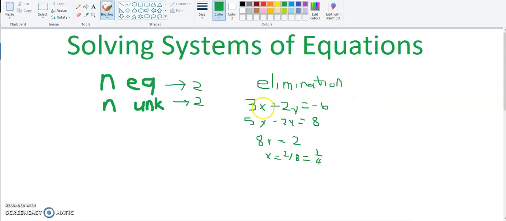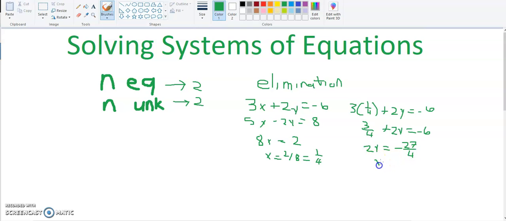Now, if I plug this back into, let's say, the first equation, I get 3 times 1/4 plus 2y is equal to negative 6. So 3 times 1/4 is 3/4. I can subtract it from both sides. Negative 6 is the same as negative 24 over 4, so this becomes 2y is equal to negative 27 over 4.